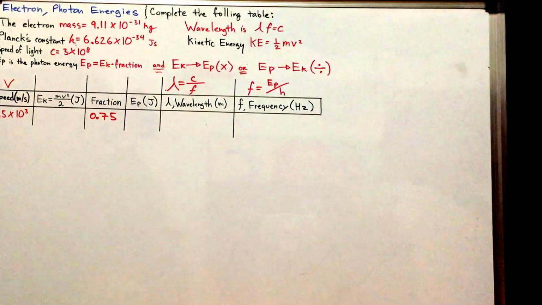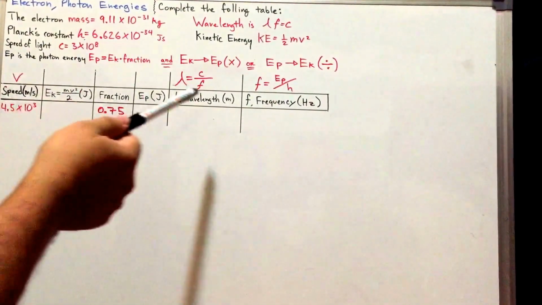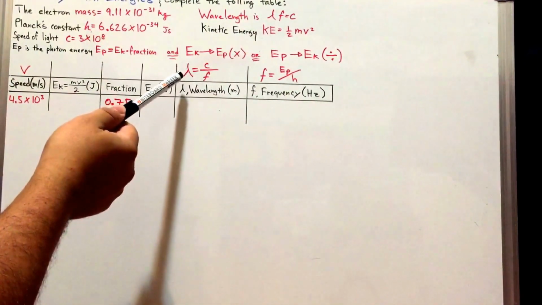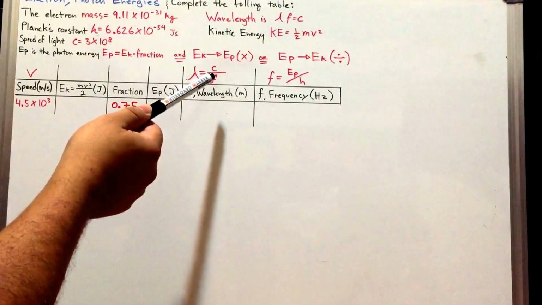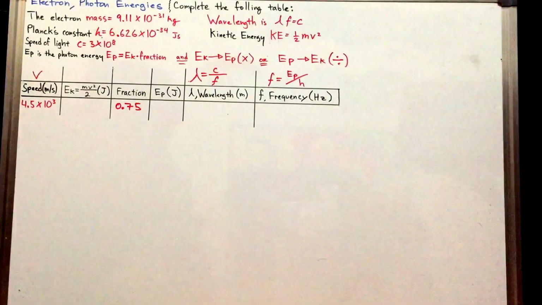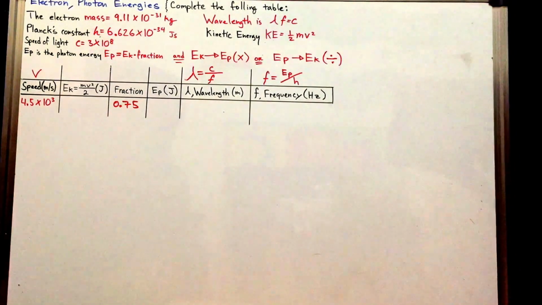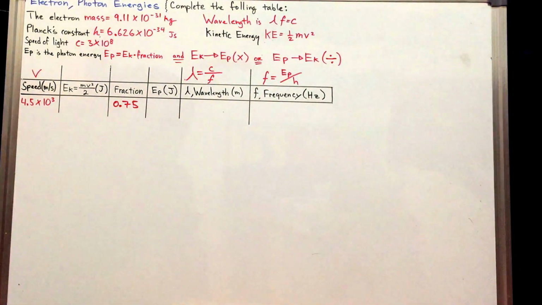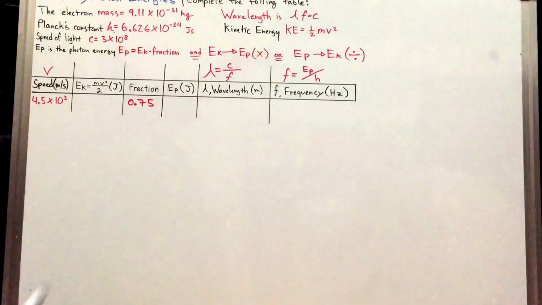Also, speed is velocity. And the formula for lambda is C over F, which is the speed of light divided by frequency. And F equals EP over H.